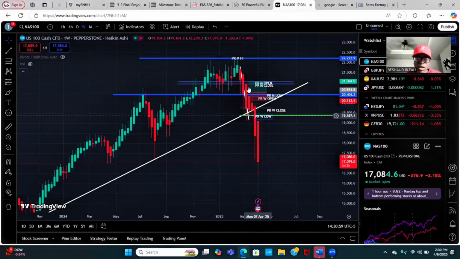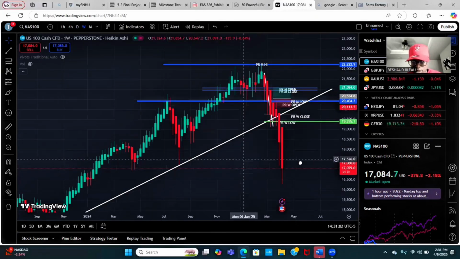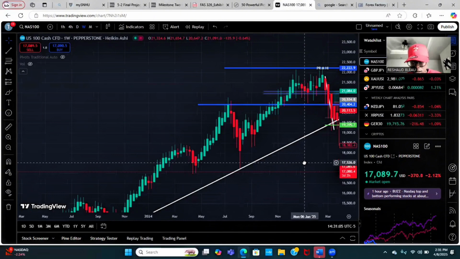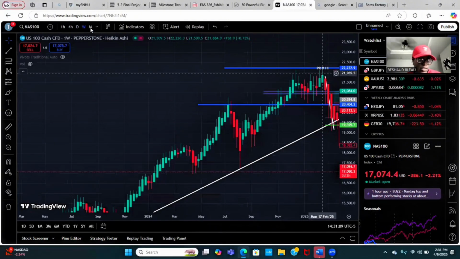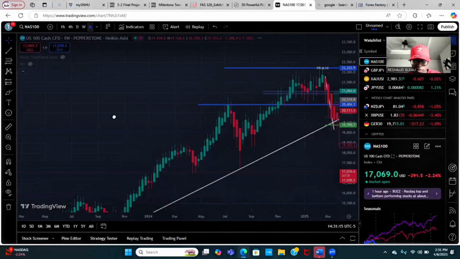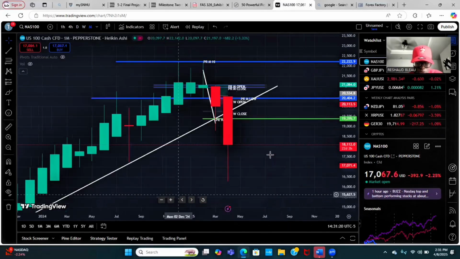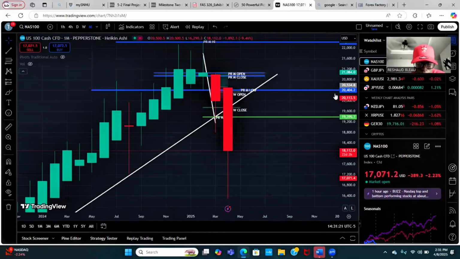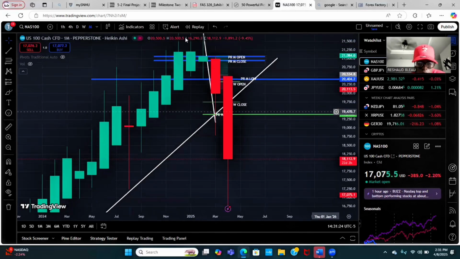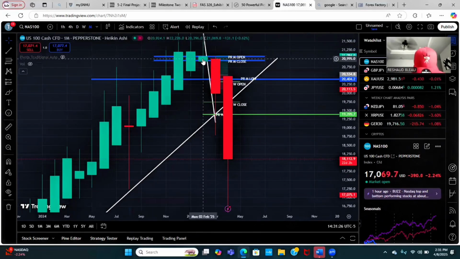So as you can see, when I marked this, we marked it here. This is my previous high. We marked it off this candle, and this was February 3rd.